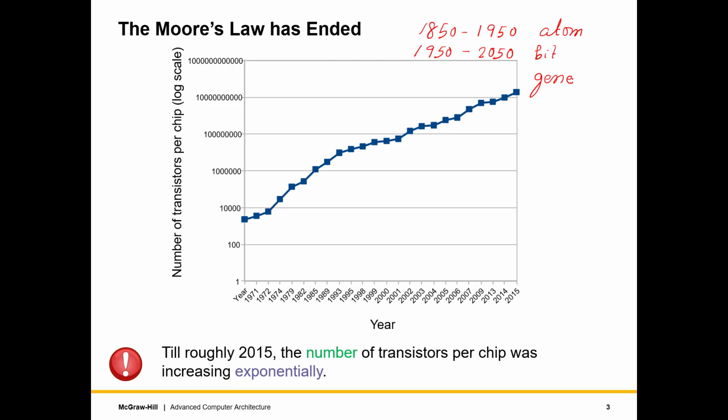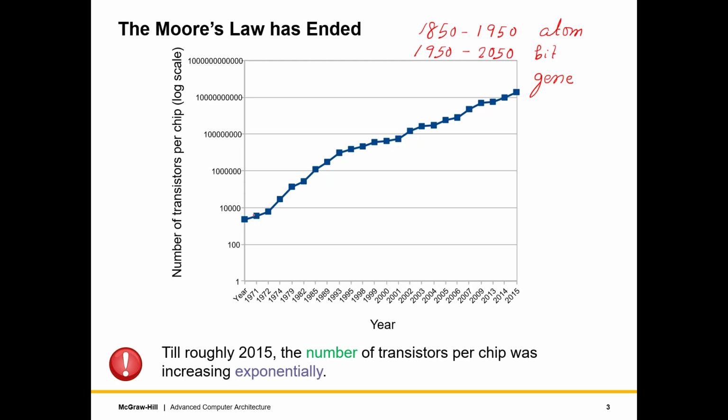But definitely, what has changed the trajectory of human civilization has essentially been the atom, the bit, and the gene. In the bit part of the story, we have seen a near exponential increase in the number of transistors per chip, which was rightly predicted by Gordon Moore, one of the co-founders of Intel.